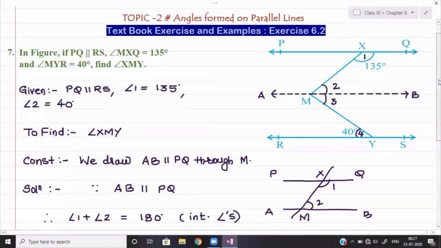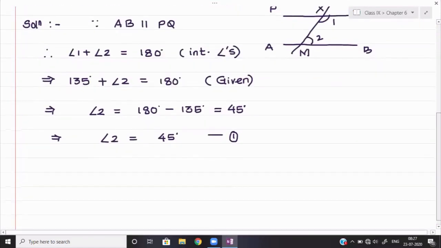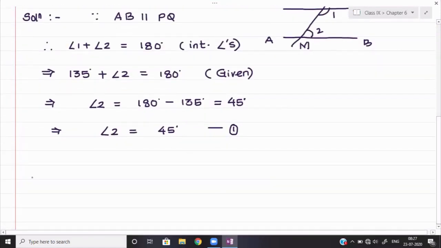So first we'll mention these things over here. Since PQ is parallel to RS, that is given in the question. And second, AB is parallel to PQ, which we can say with the help of construction.